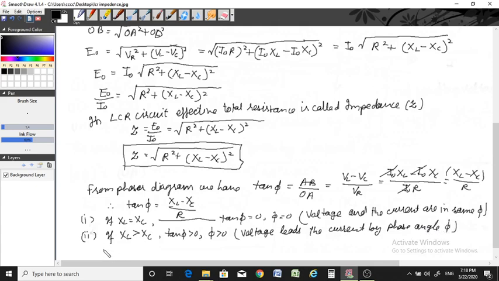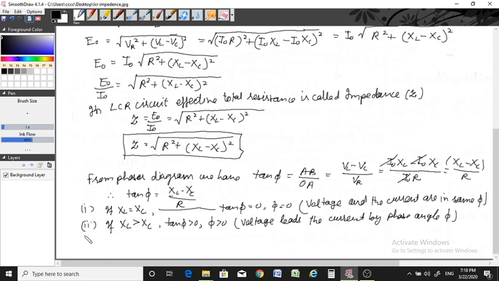And the third case is if XL is less than XC, therefore tangent phi will be negative, therefore phi will be negative.